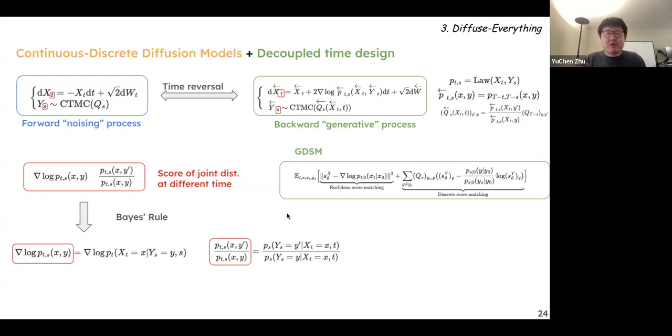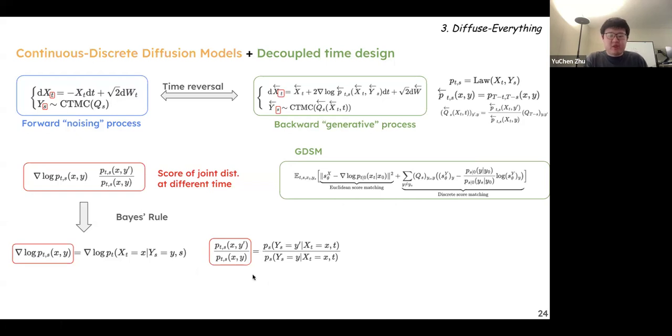After introducing this decoupled time, there's one additional benefit which is crucial for any-to-any generation. This joint score at different times is in fact equivalent to a lot of conditional scores at different times. Just by applying Bayes' rule, we can see that the joint score with respect to x at time t and y at time s is equivalent to the conditional score of x at time t given y at time s.